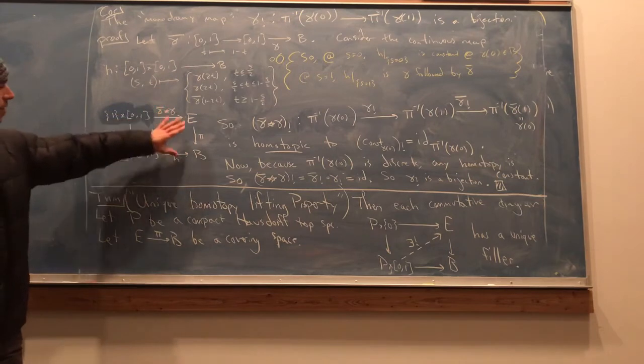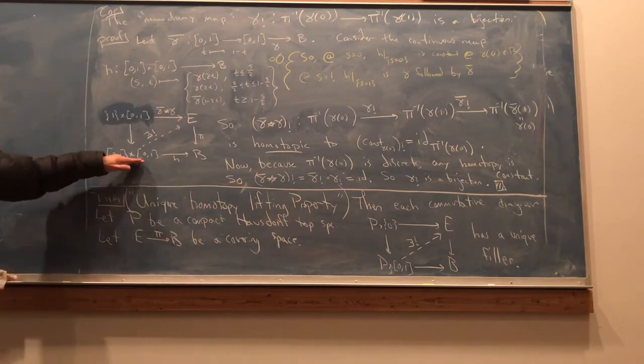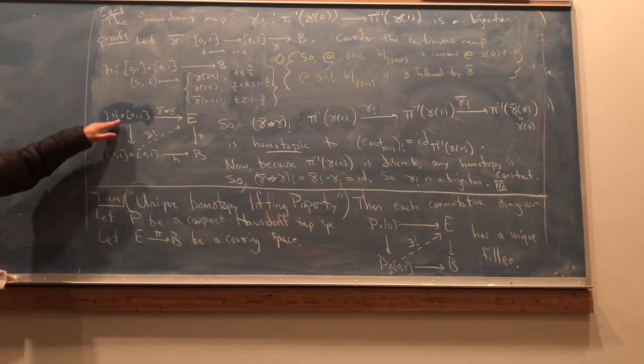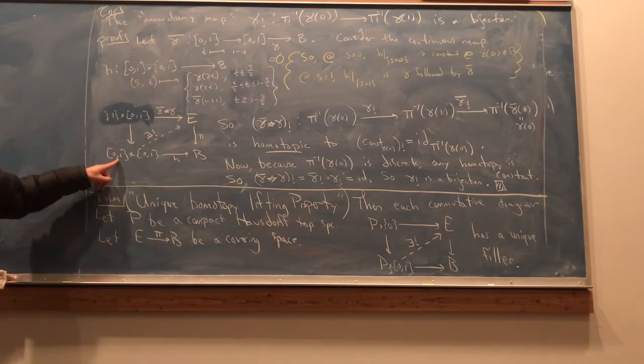So the solid diagram commutes. We have this path of paths and a lift of that path of paths at time 1.